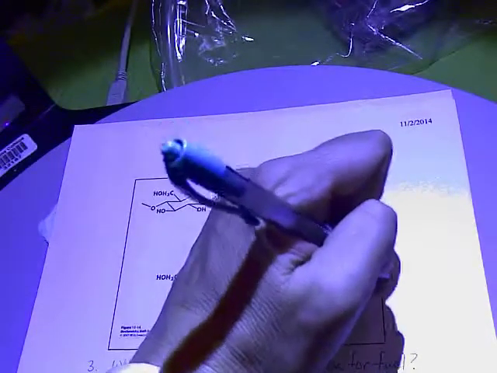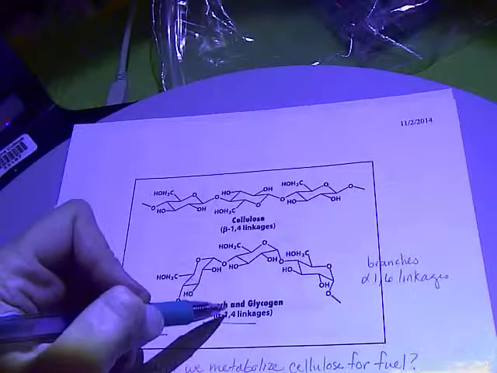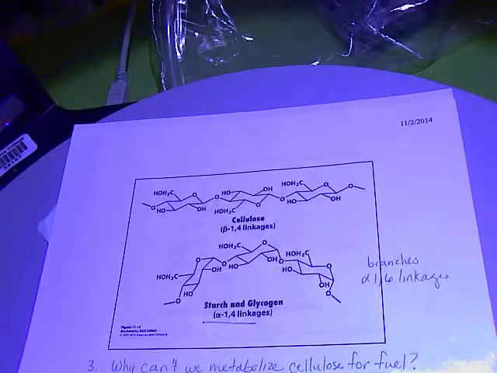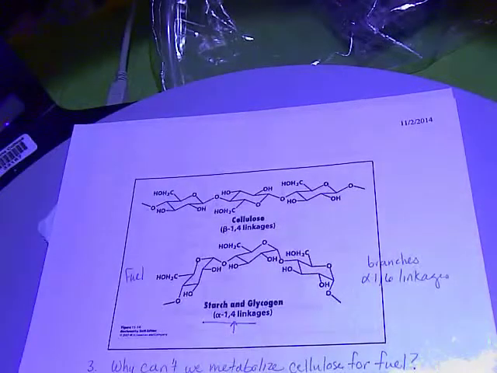Starch and glycogen contain alpha 1,4 linkages, and then remember glycogen also has the alpha 1,6 linkages when it's branched, and so does starch. All right, so the branches are alpha 1,6. So starch and glycogen have alpha 1,4 and alpha 1,6. These molecules are fuel molecules for animals. Animals possess enzymes that can cleave both alpha 1,4 linkages and alpha 1,6 linkages.